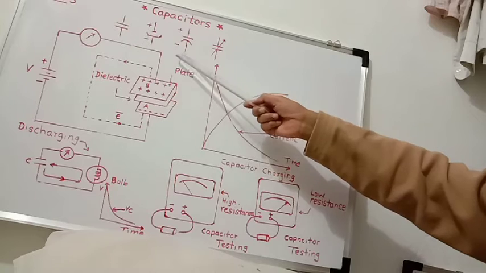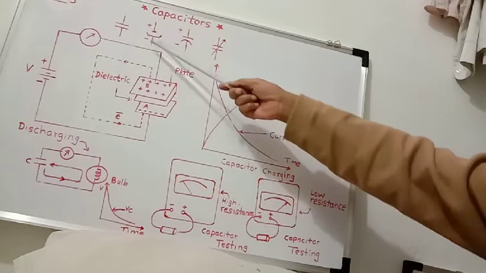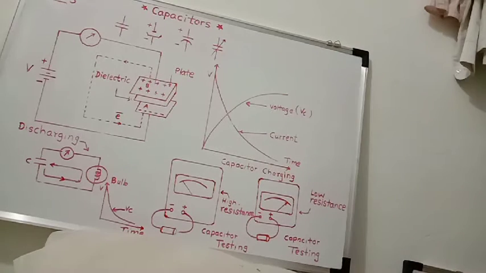These are fixed capacitors. This is a non-polar capacitor, these two are electrolytic or polar capacitors, and this is a variable type capacitor. A capacitor is formed by two parallel conducting plates, and these parallel conducting plates may be spherical also.